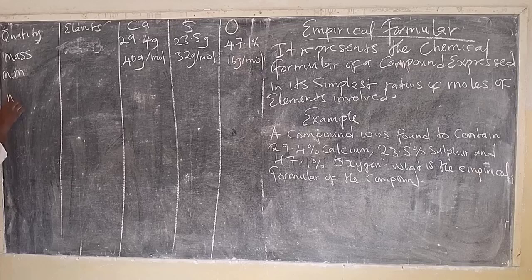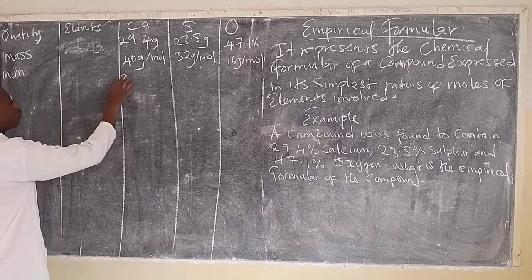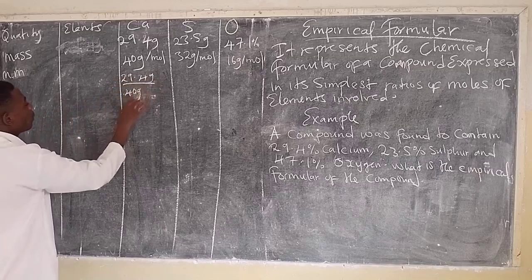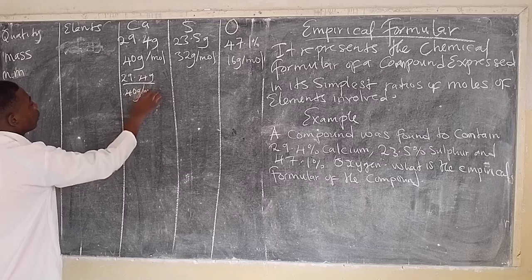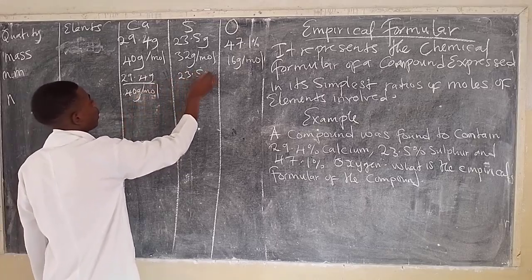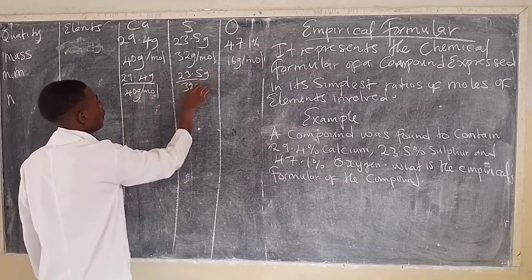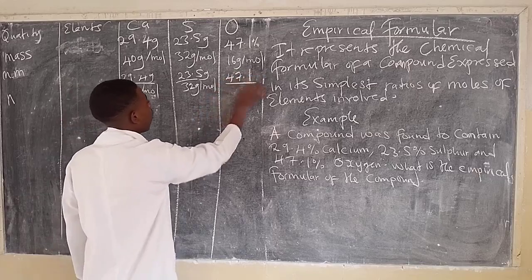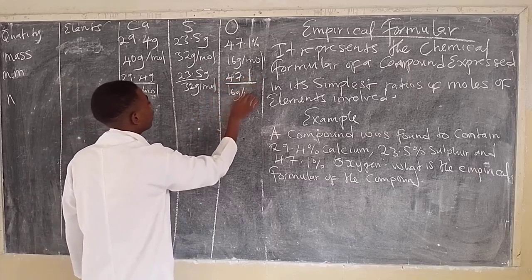The number of moles should be equal to 29.4 grams over 40 grams per mole, 23.5 grams over 32 grams per mole, and 47.1 over 16 grams per mole.